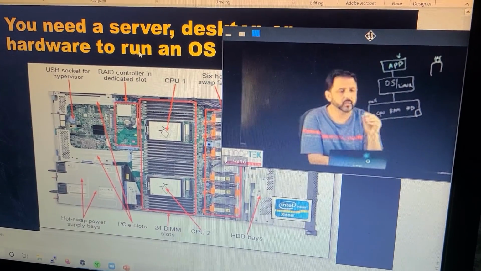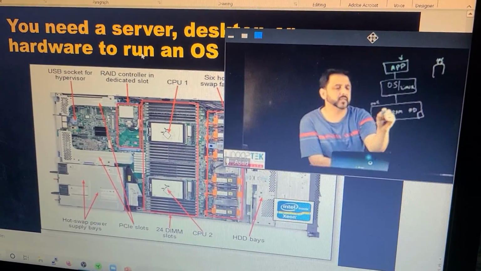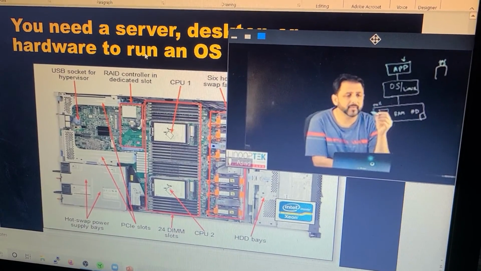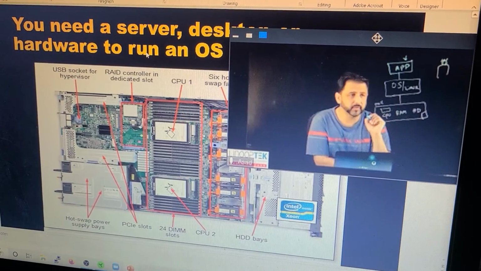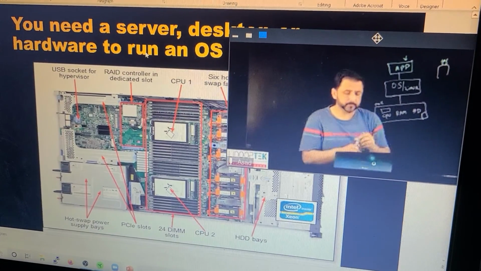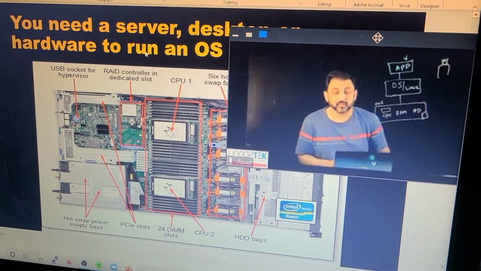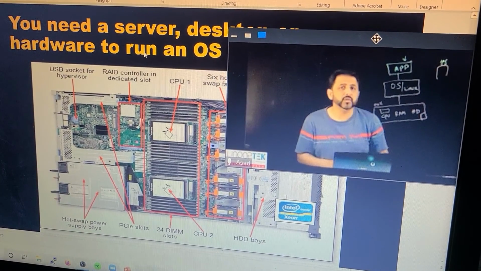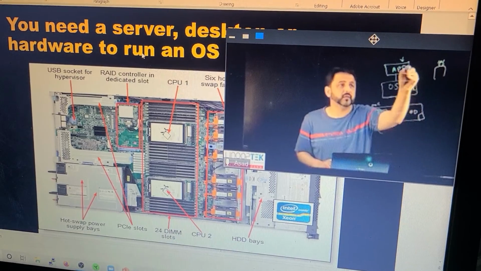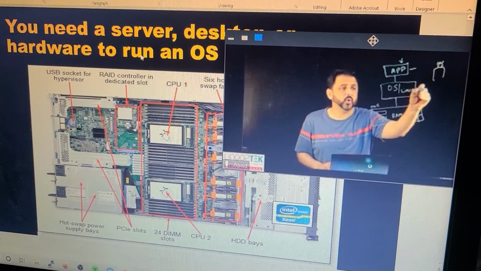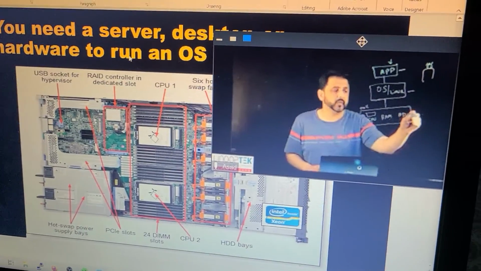There's probably some fan sitting on top of the CPU, and a heat sink basically is to cool down the CPU, right? So at the end of the day, as a system administrator, as a system engineer, as a DevOps engineer, you need to be familiar with the app structure, you need to be familiar with the OS, you need to be familiar with the hardware.